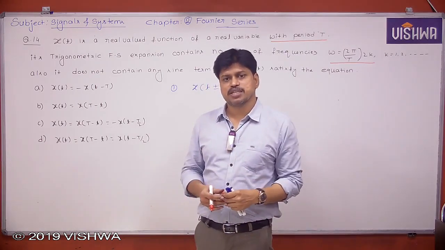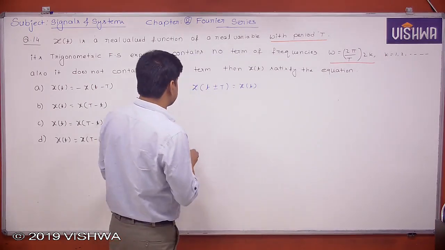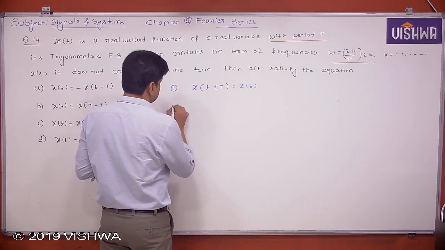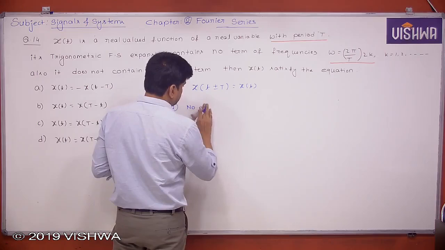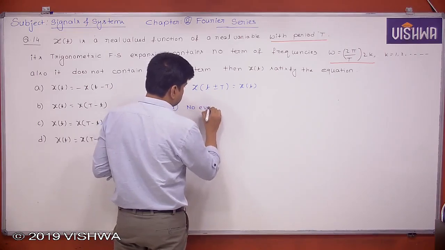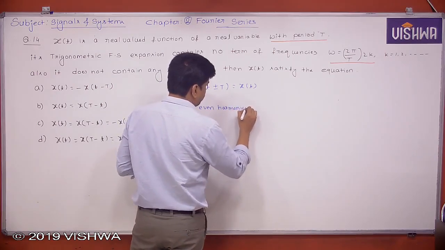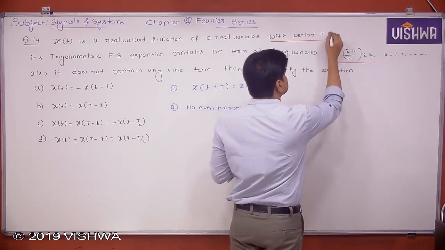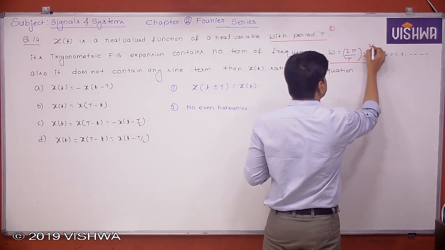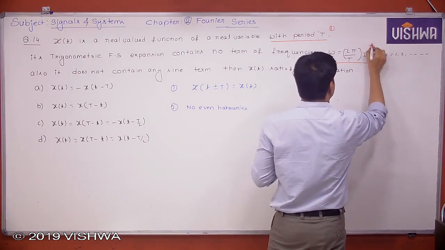Then what kind of symmetry is it exhibiting? Half wave symmetry. So from the second point we can say no even harmonics. This is the first point they said, with period T, and this is the second point, they said it doesn't have any frequencies which are even harmonics.